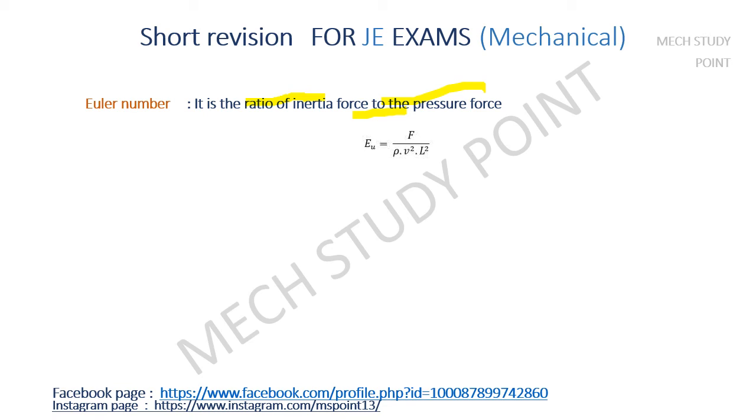Rho is the density, V is the velocity, and L is the length of pipe. So we can easily calculate the Euler number by this formula. This formula is also asked directly in many competitive exams.